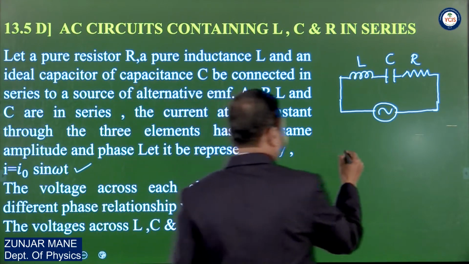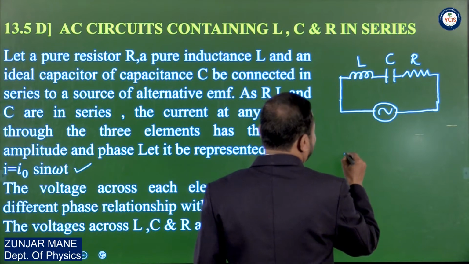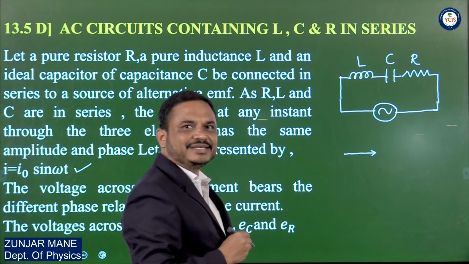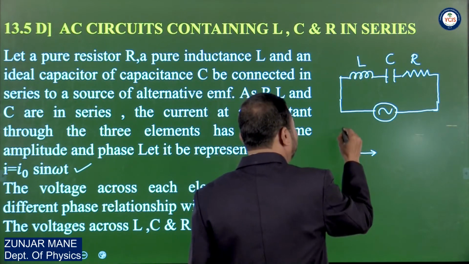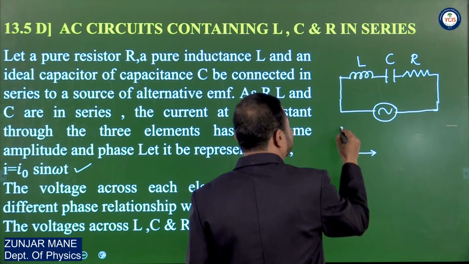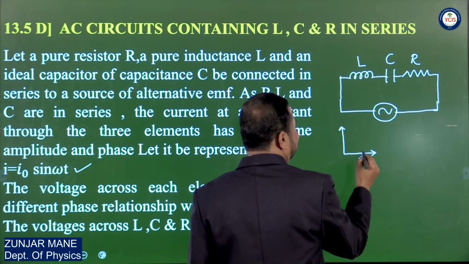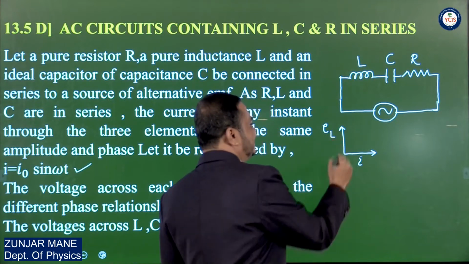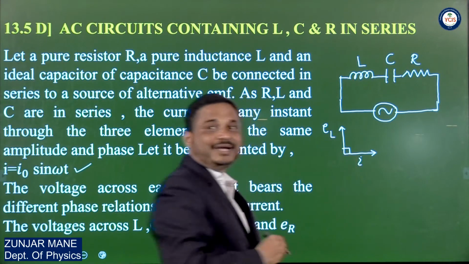We see that the current flowing through L is in this direction, then the voltage leads the current. So if this is the current, then the voltage across the inductor leads by phase angle pi by 2.